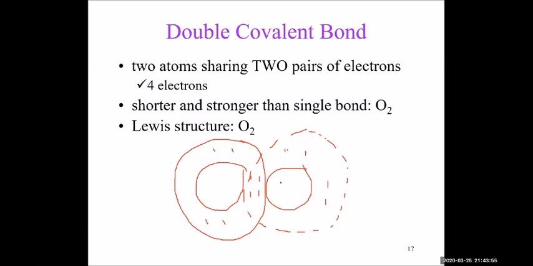So by sharing 2 pairs, sharing 4 electrons, each one achieves an octet, like a noble gas. O2 has 2 pairs of electrons shared. We call it a double bond. So that's where the double bond comes from. A double bond means sharing 2 pairs of electrons. Okay, any questions?